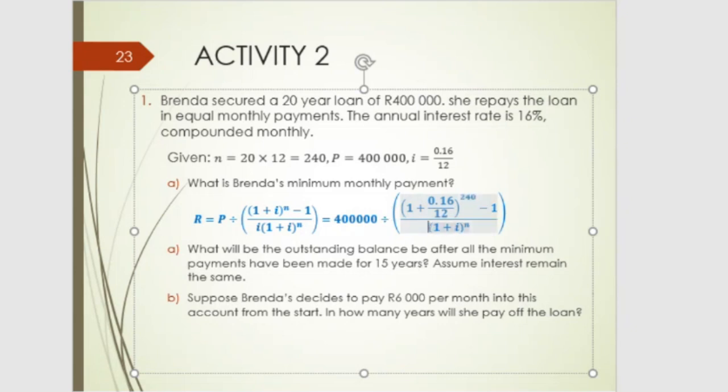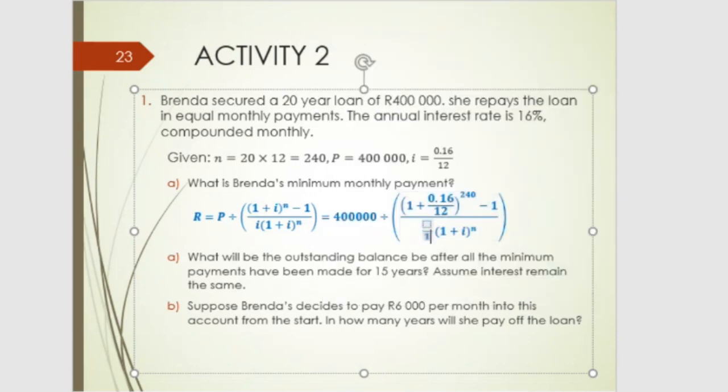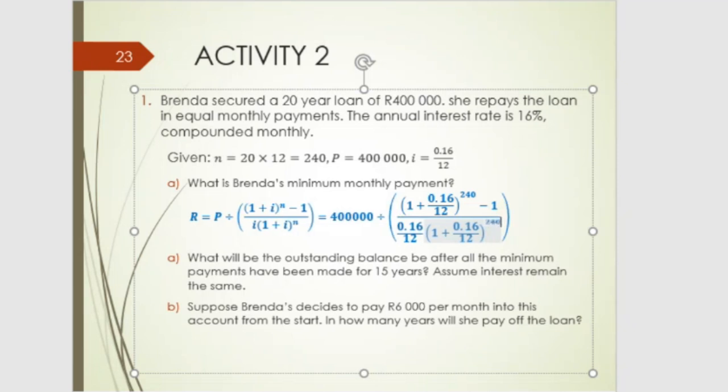Then again i is 0.16 over 12, and to the power of 240. If you like, you can put multiplication here.